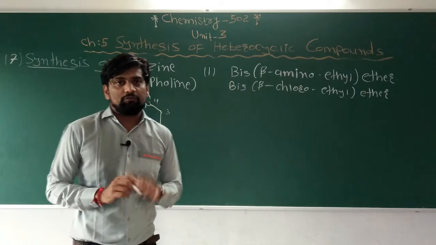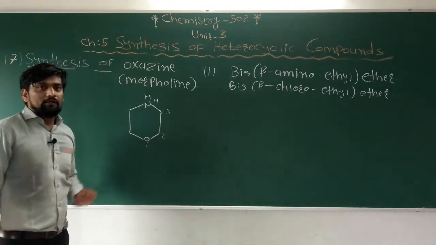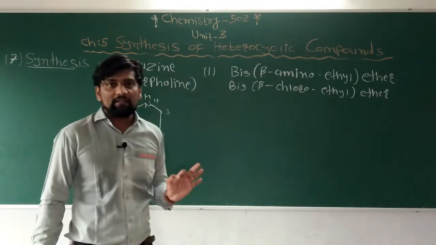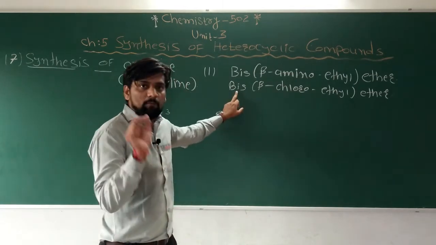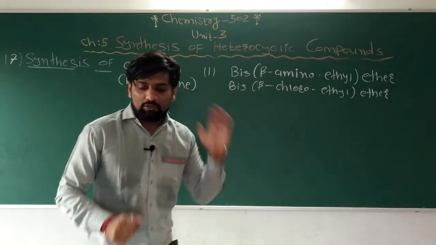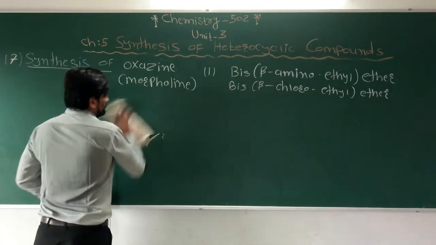Now we will learn about the synthesis. The first synthesis of oxazine is from beta amino ethyl ether, and it is also synthesized from beta chloro ethyl ether.